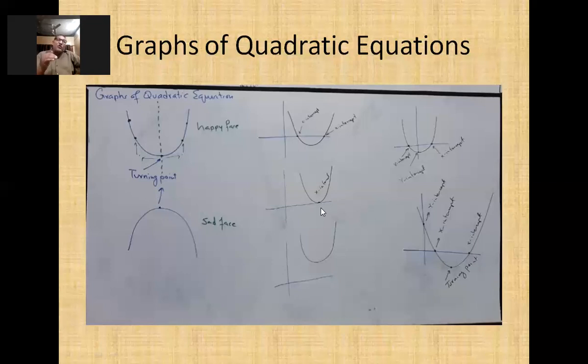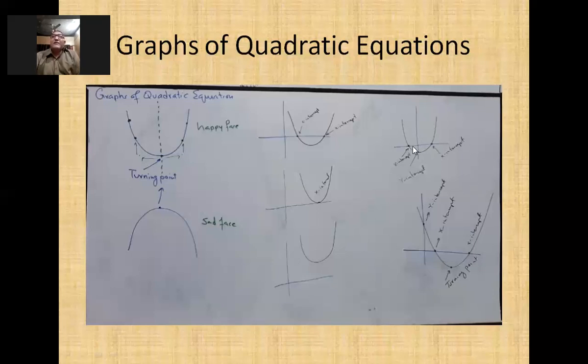So this will have only one x-intercept. In this third example, we have drawn a parabola, a happy face, and it is not touching the x-axis. So this parabola will have no x-intercept.